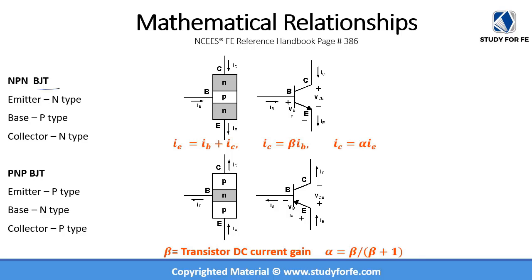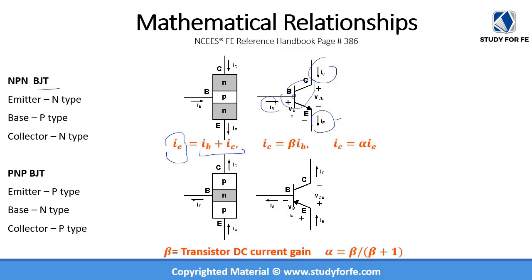If we look at the transistor as a node, the collector current is entering the transistor, the base current is entering the transistor, then obviously the emitter current will have to leave, because the sum of all the currents is equal to 0, which is indicated here. The emitter current is leaving and the collector current and the base current are entering. So the emitter current is equal to the sum of the base current and the collector current. That's pretty obvious.